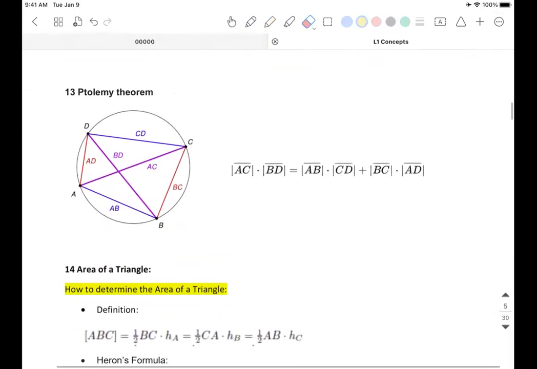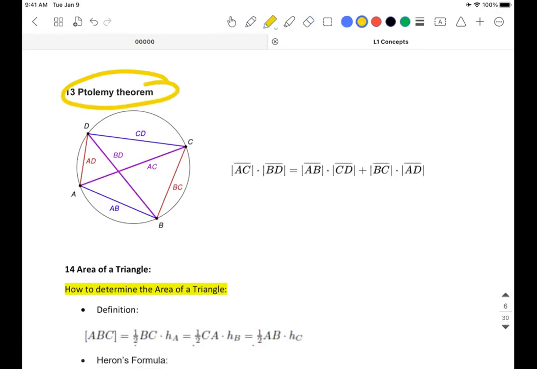The other one, again for the cyclic quadrilateral, is the famous Ptolemy theorem. As long as you have a cyclic quadrilateral, then automatically you have such a relationship: the product of the two diagonals, AC times BD, equals the sum of the products of the opposite two sides.